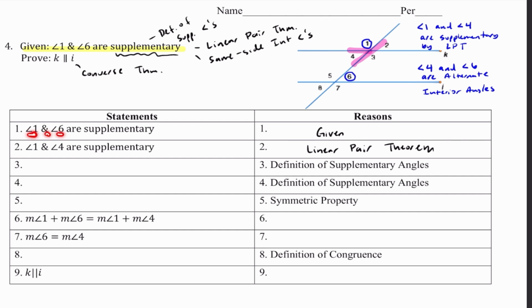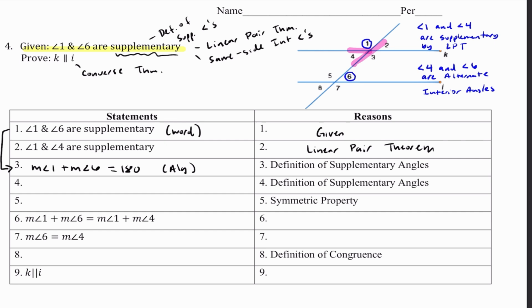So, if angle 1 and angle 6 are supplementary, then by the definition of supplementary angles, measure of angle 1 plus the measure of angle 6 equals 180 degrees. So I'm converting this statement, which is in word form, to algebra form. So this is word form, and now it becomes algebra form.